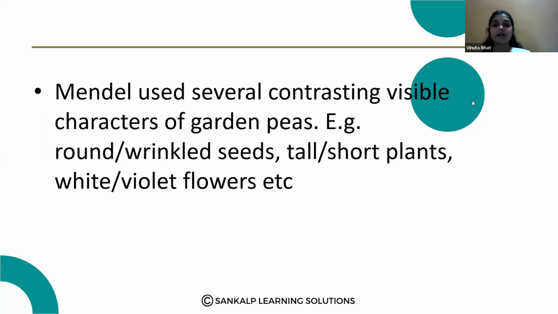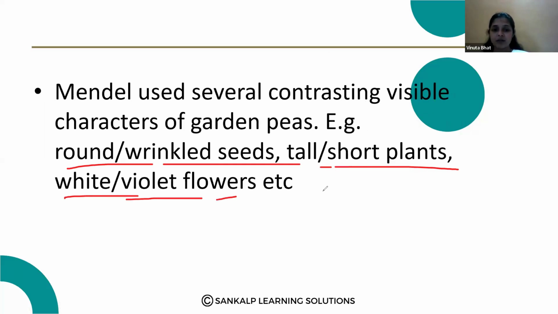Mendel used several contrasting visible characters of garden peas. For example, round or wrinkled seeds, tall or short plants, white or violet flowers. These are some contrasting visible characters that were used by Mendel for his experiments.